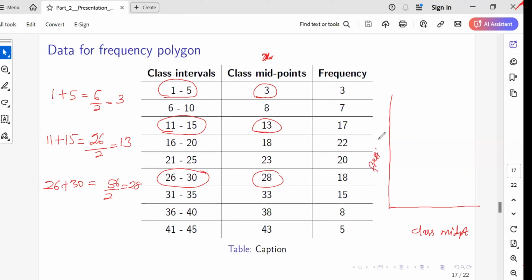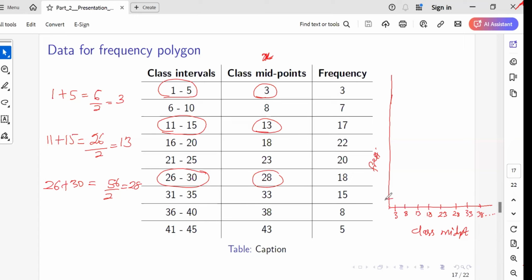I'll take each midpoint: we have 3, 8, 13, 18, 23, 28, 33, 38. I've run out of space, but you have to finish it up. Now you take the first midpoint, which is 3. Let me fill up my y first before I start drawing my points. The highest frequency here is 22.